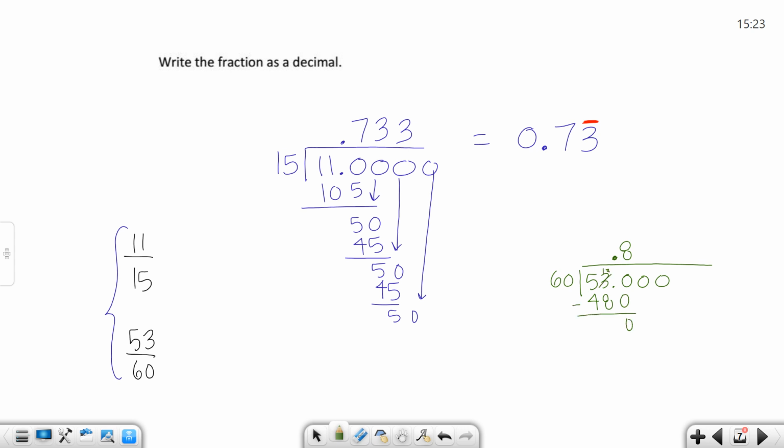We can subtract. This would be a 5. Okay, so 60 goes into 500 8 times. That gives me 20. Okay, so 60 goes into 23 times. Okay, so the 8 doesn't repeat, so I see that.